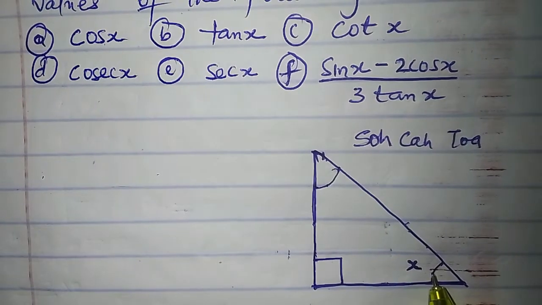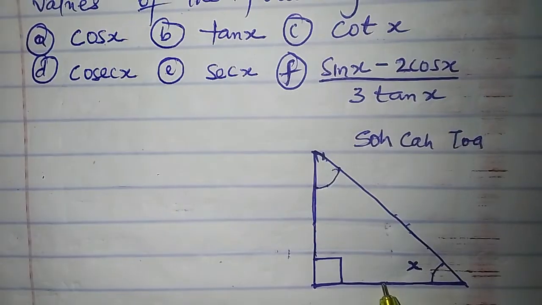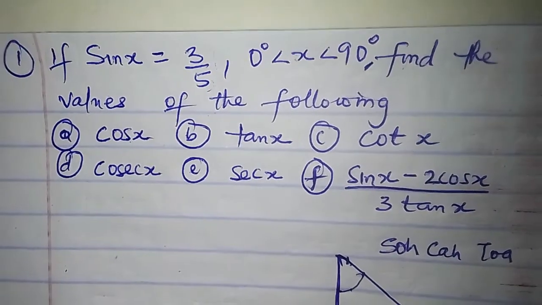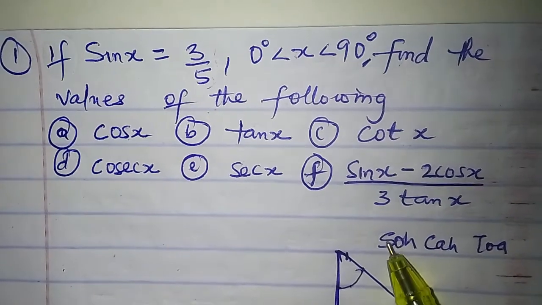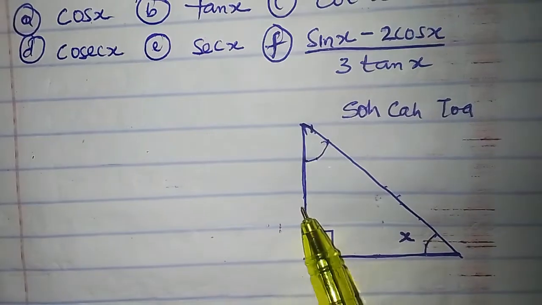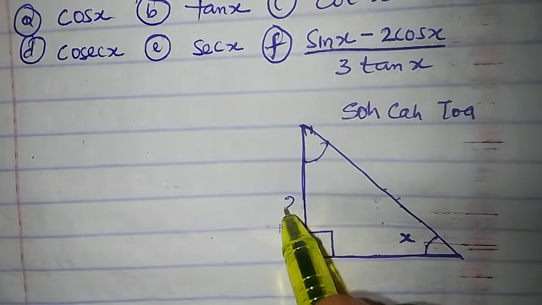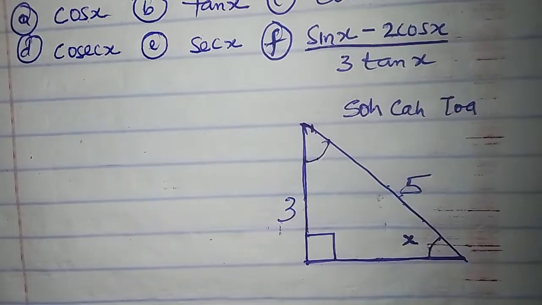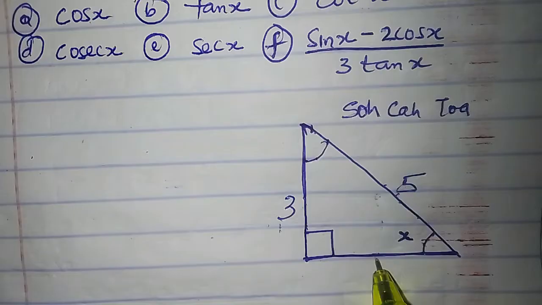We are given sine x is 3 over 5. Sine is opposite over hypotenuse. That means we have 3 all over 5. So let's look for the adjacent side.